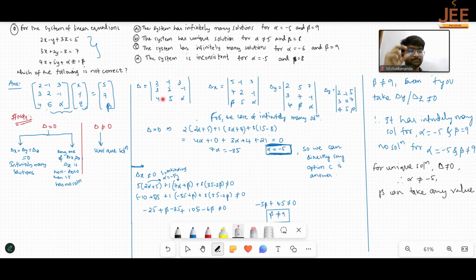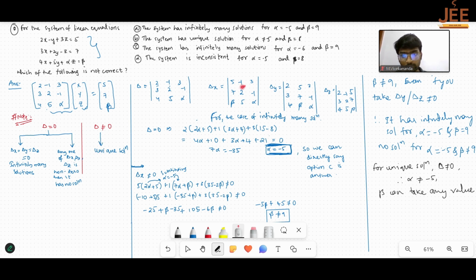This is called delta. If delta is equal to 0, we have two subcases. If delta x, delta y, delta z are all equal to 0, then the system will have infinitely many solutions. If any one of delta x, delta y, delta z is not equal to 0, then the system will have no solution.